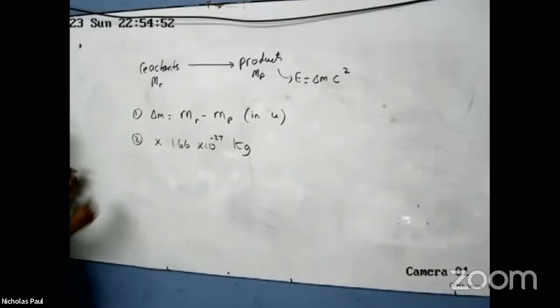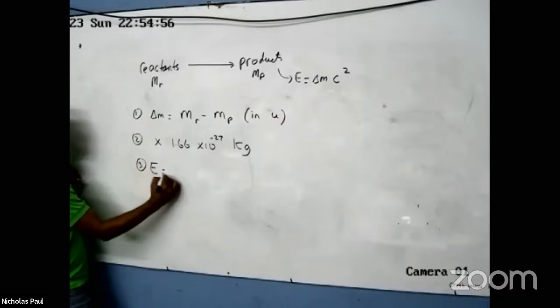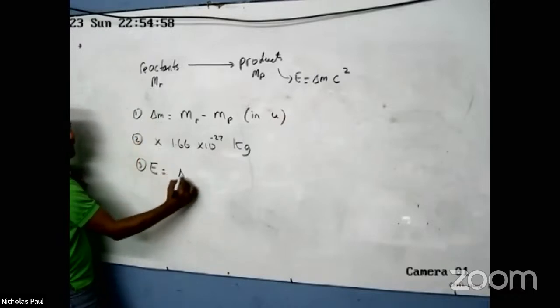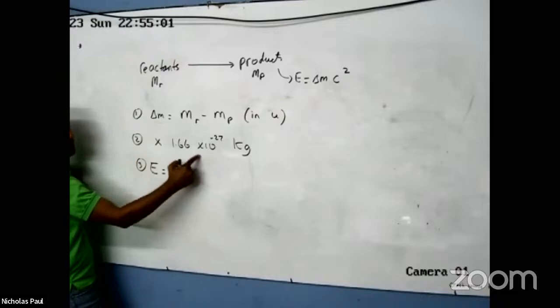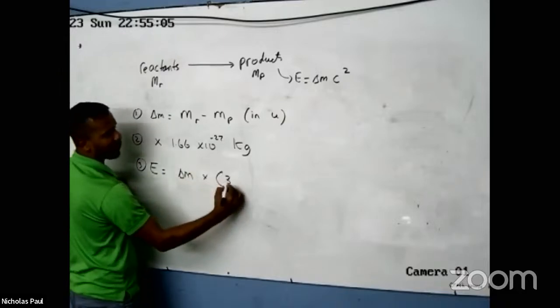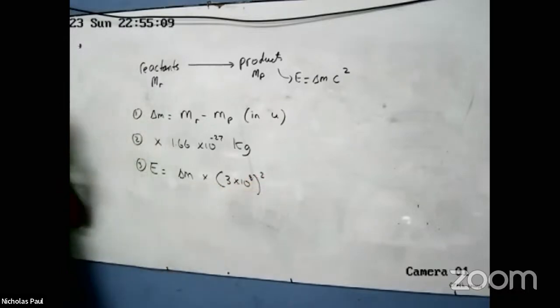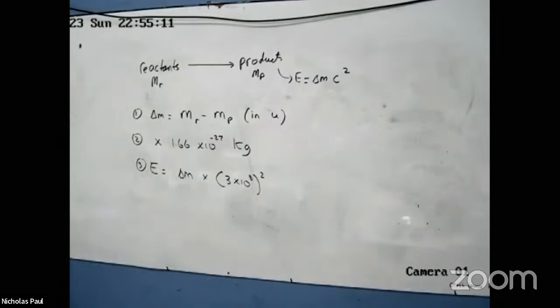So your third step, to find the energy, you take your delta m in kilograms, that's this value here, and multiply it by the speed of light squared, 3 by 10 to the 8 squared. Right? So those are the 3 steps in finding the energy involved in a reaction.